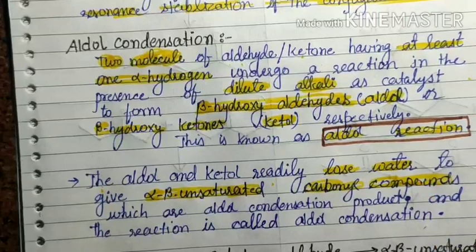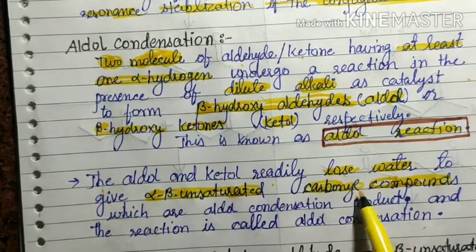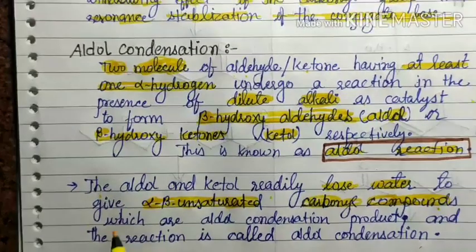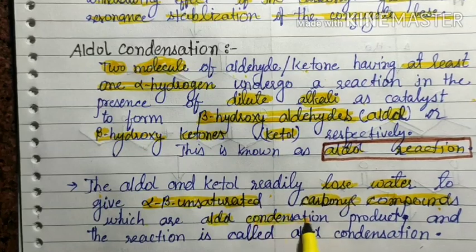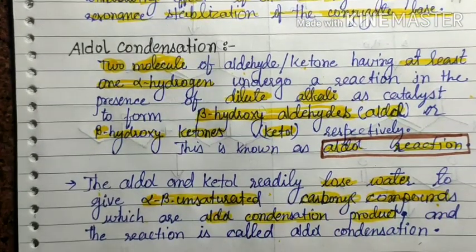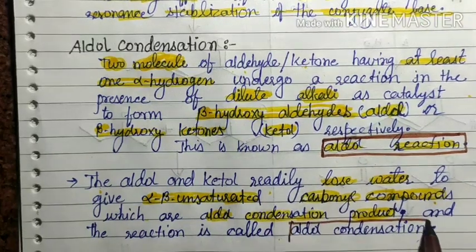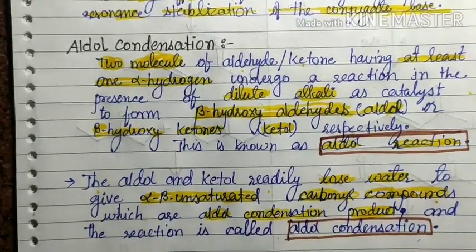What is alpha beta unsaturated? We will discuss it in the reaction. The alpha beta unsaturated carbonyl compound is the aldol condensation product, and the reaction is called aldol condensation. So now this step is called aldol condensation.